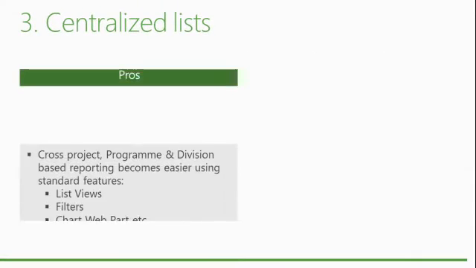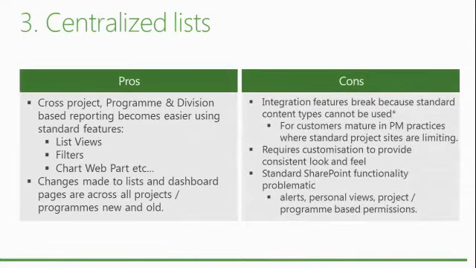So if we look at the pros and cons of this, the cons will come in a sec. The pros are that we can now start to use standard list views and standard list filters to filter your data, not just by project, like you could do in versions 1 and 2 of the approaches, but also by program and division.